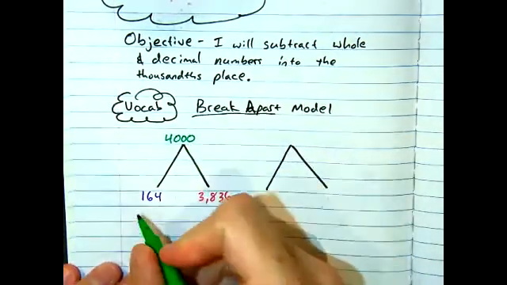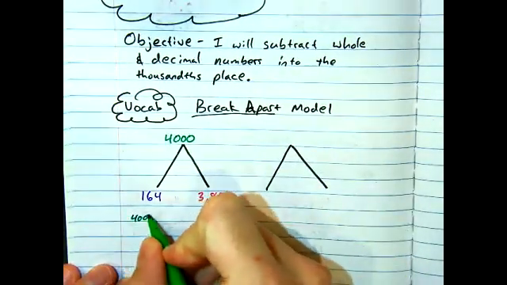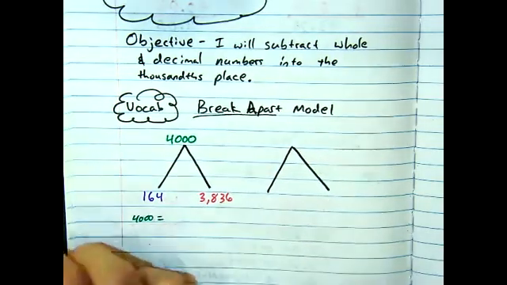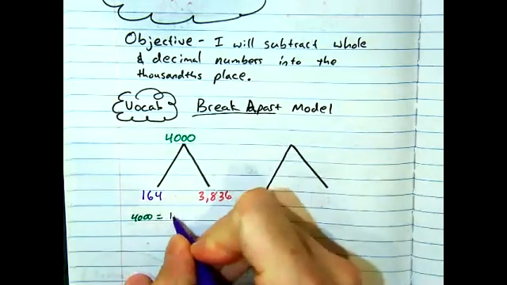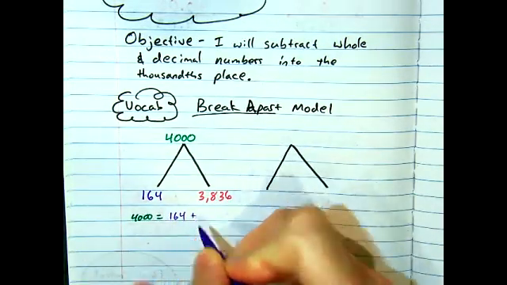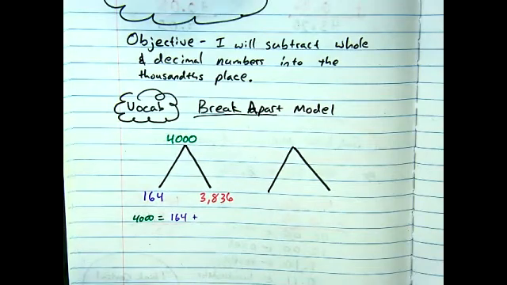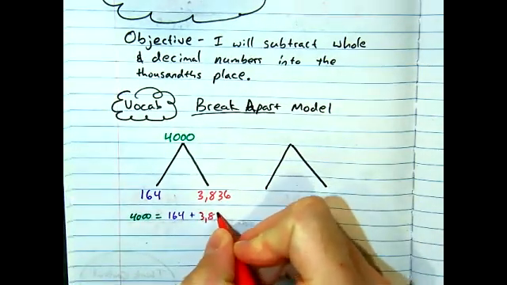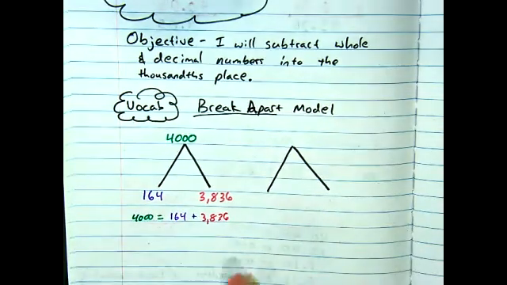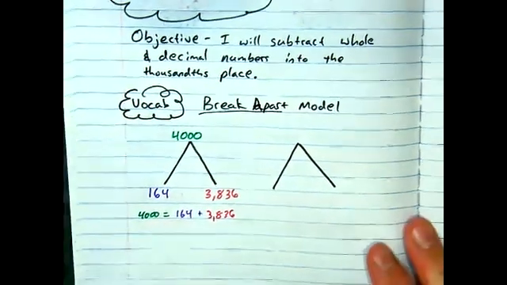Well, we could start with a break apart and say 4,000 is equal to which two numbers adding? 164 plus 3,836. Is there another order that I could put these two?